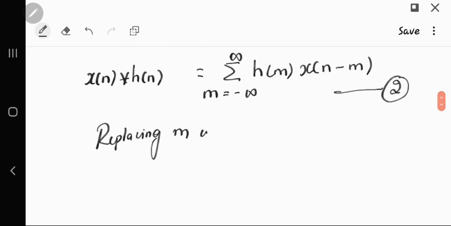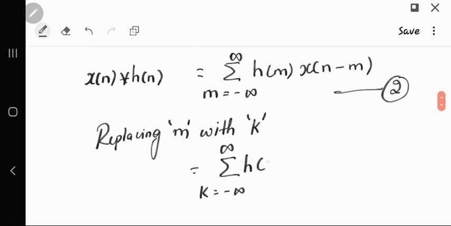Then the equation becomes summation k equal to minus infinity to plus infinity h of k x of n minus k, which equals x of n convolved with h of n.